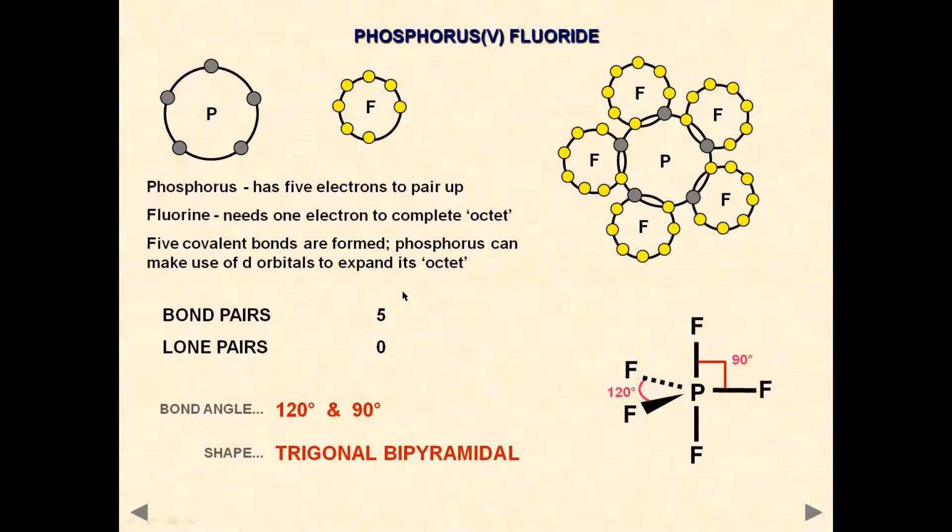So if we go back and look at our previous slides, if there are 5 bond pairs around the central atom, the shape is going to be trigonal bipyramidal. So in this case, 5 bond pairs, no lone pair. The shape is going to be trigonal bipyramidal, and there are 2 types of angles.